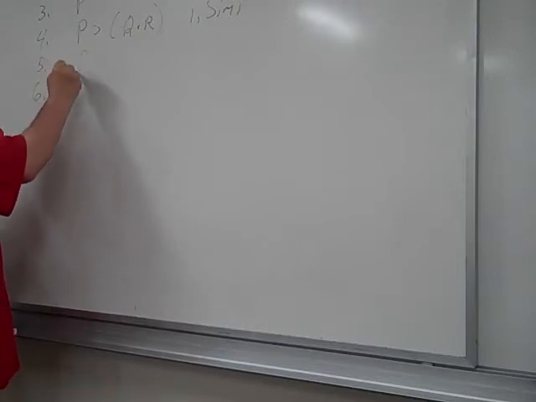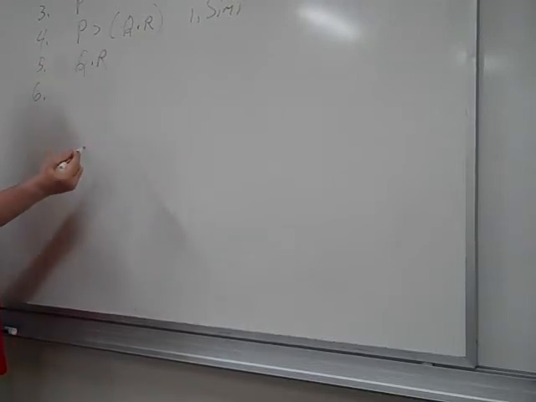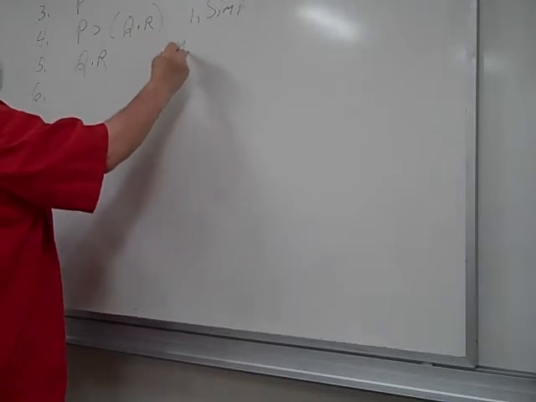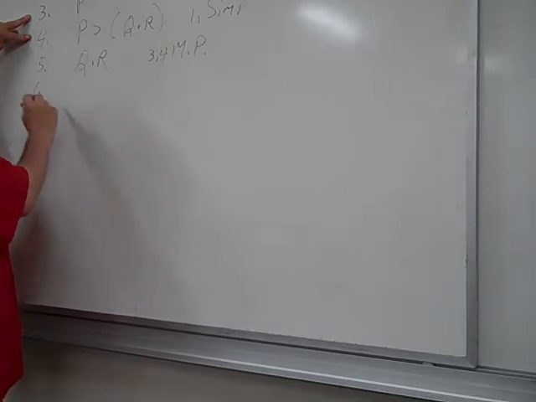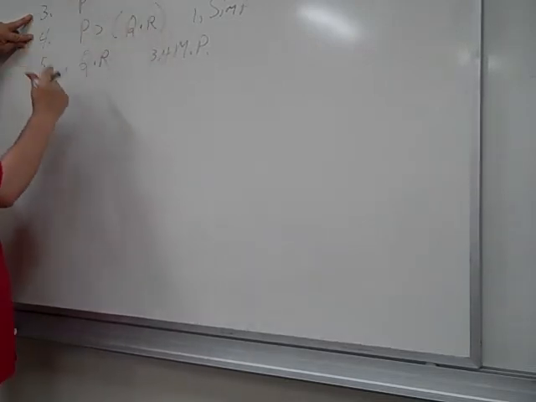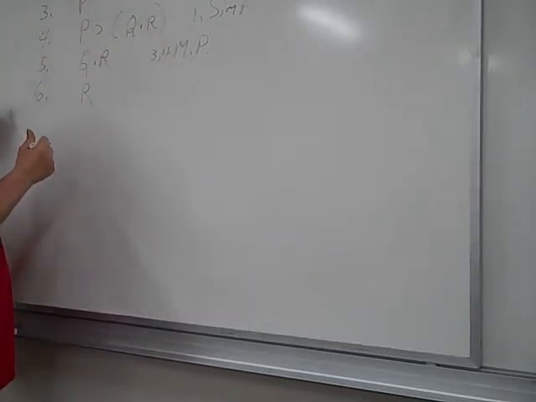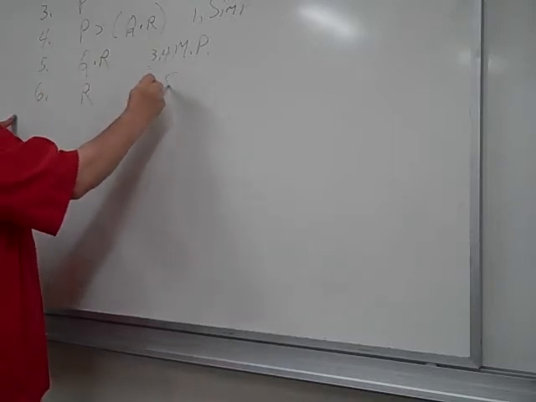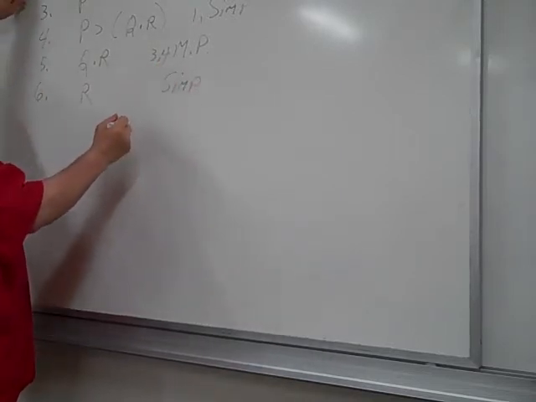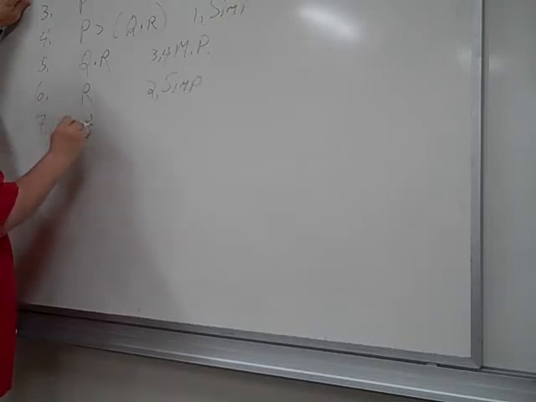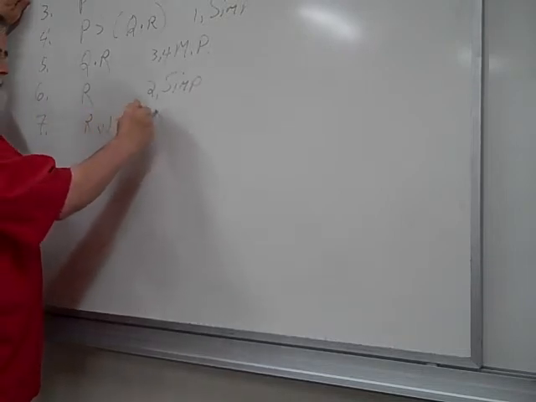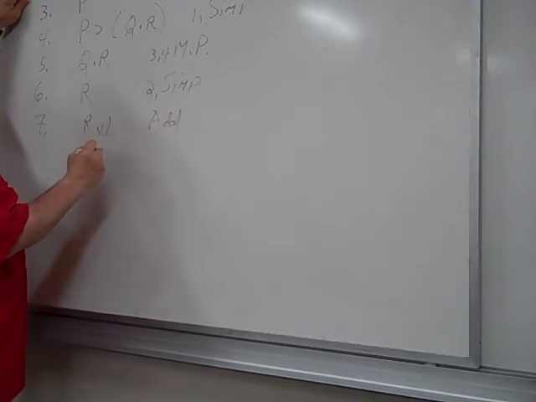Oh wait, I wanted Q and R. What happened? We needed that. Modus ponens. Number 3. But what do I want next? I want R out of there. Let's just take R, get it in either place, and then simplification from 2. And I'll add L to R by itself. That's addition on line 6.